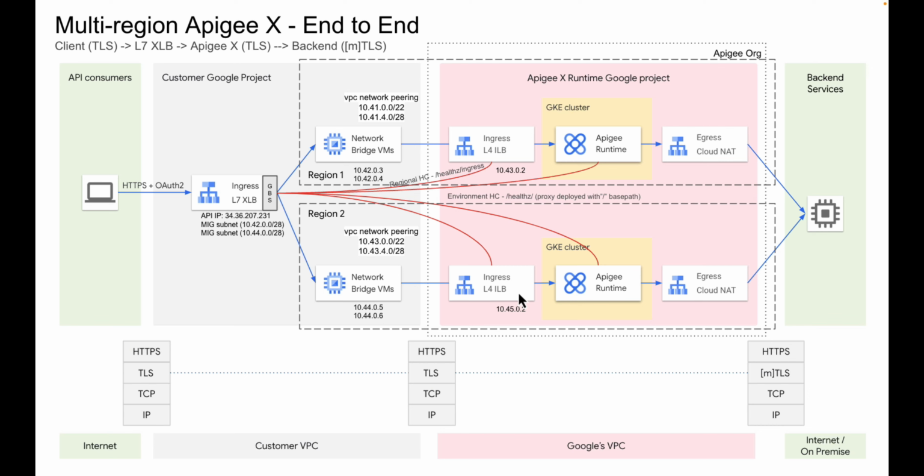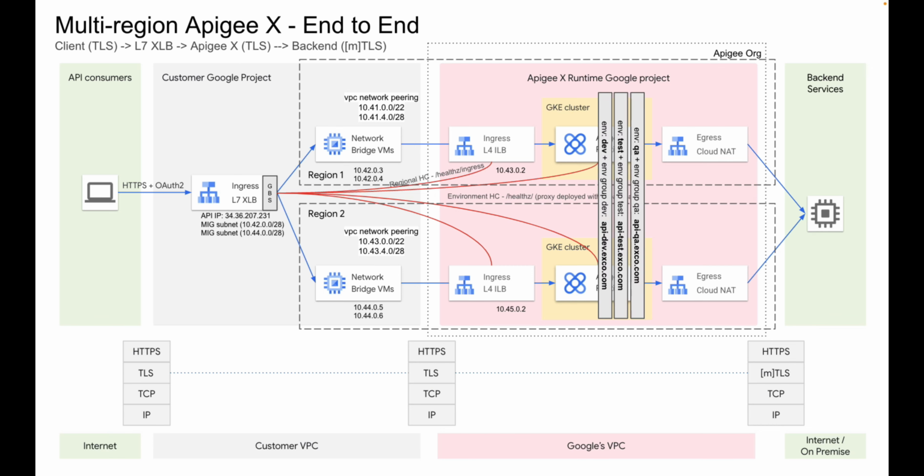So health check here is executed in order to control the life of the different Apigee runtime instances. And again, if one runtime crashes, the traffic will go through the other one. Otherwise, there will be load balancing, of course, of the traffic between the two runtimes regarding the location of the client application, as an example.